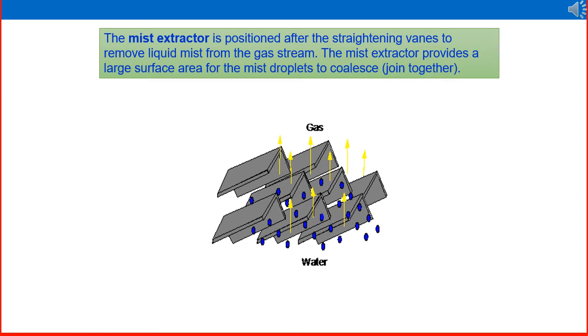It is kept at the gas outlet before the gas leaves the separator. So small liquid droplets collect together, coalesce, become large droplets, release from the gas stream and get down to the liquid surface.